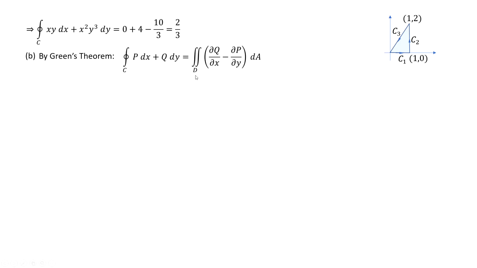And this one says, if you want to do that, tell you what, you can do partial Q with respect to x, so Q is this guy, partial Q with respect to x minus partial P with respect to y, which is xy. So take that and evaluate that on this area.